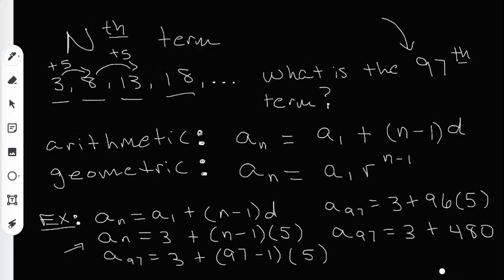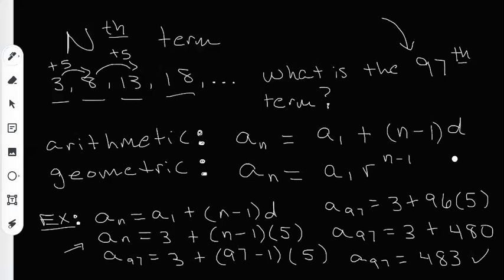So 480. 480 plus 3, that's going to be 483. And there's nothing left I can do to it, so I think I'm done. 483. So does that make sense to you?